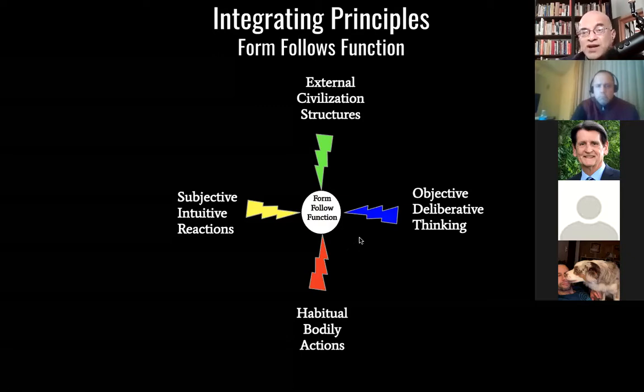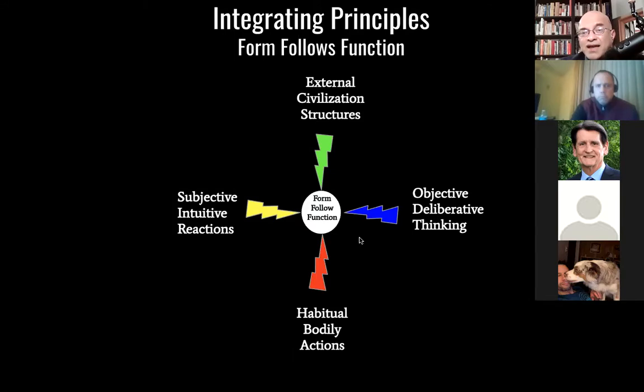So this is what you're trying to do. And everything else, the way in which your emotions are acting or your intuitions are acting, are they supporting the function? Are they supporting your life or not? Are you doing enough deliberation to support your function or not? Are you acting boldly enough for that? Is the system that you're interacting with conducive to that, or is it destructive to it?